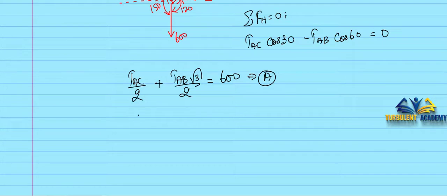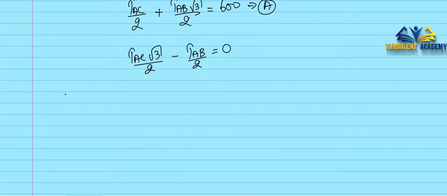Now if you take the other equation, it would be TAC cos 30, which is root 3 by 2, minus TAB into 1 by 2 equal to 0. Now if you go ahead and solve this, it would be TAC root 3 by 2 equal to TAB by 2.